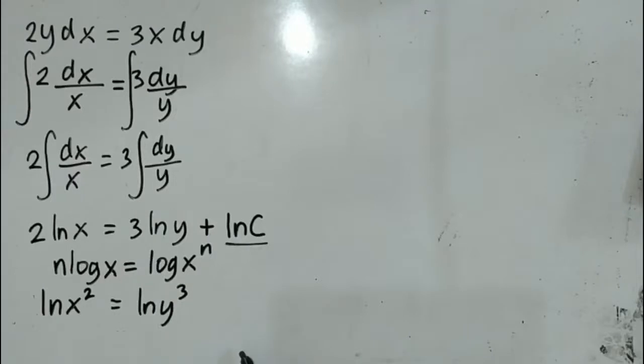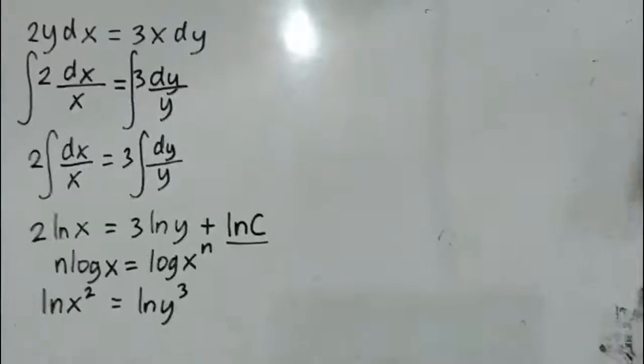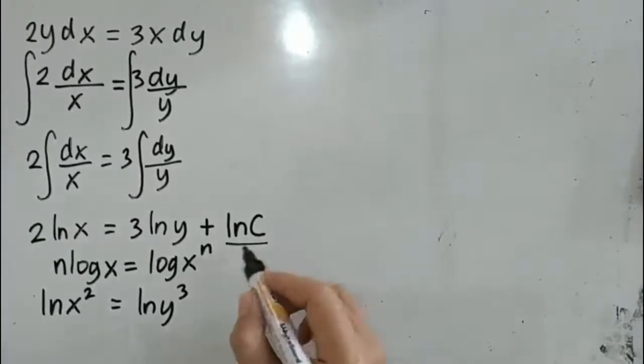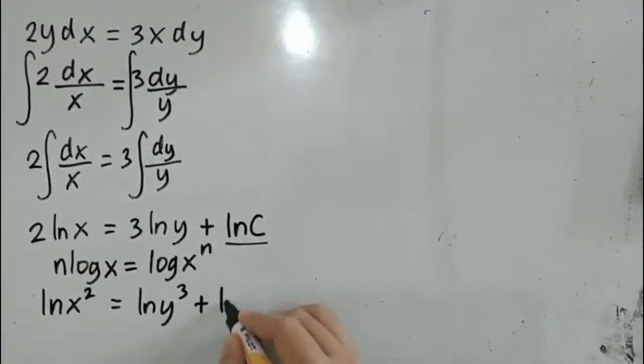However, when we get to what we call our particular solution, our answer should be exactly the same. So in general solution, our answers may differ by a constant. So here we write ln of c instead of just c.